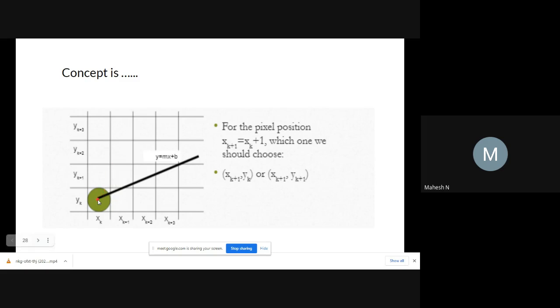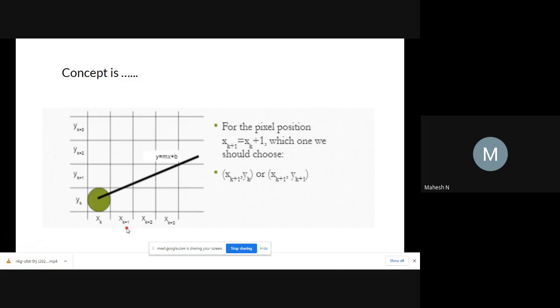Whenever I find a particular pixel, finding the next pixel means obviously I will move horizontally. There is no doubt about that. After this pixel, I will move to the next one with respect to the x coordinate. From xk, definitely I move to xk plus 1.